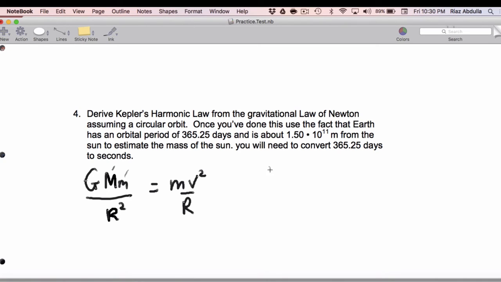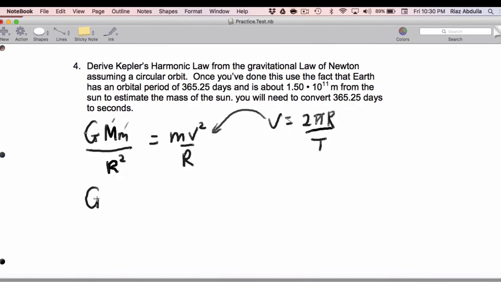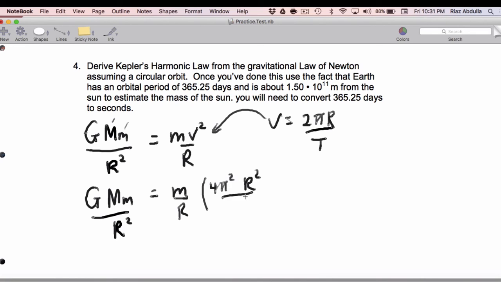But circular orbit implies that the speed is 2 pi r divided by its orbital period. So when we substitute that into here, we're going to end up getting G M little m over r squared equals m times v squared over r, and this v squared can be written as 4 pi squared r squared over T squared.